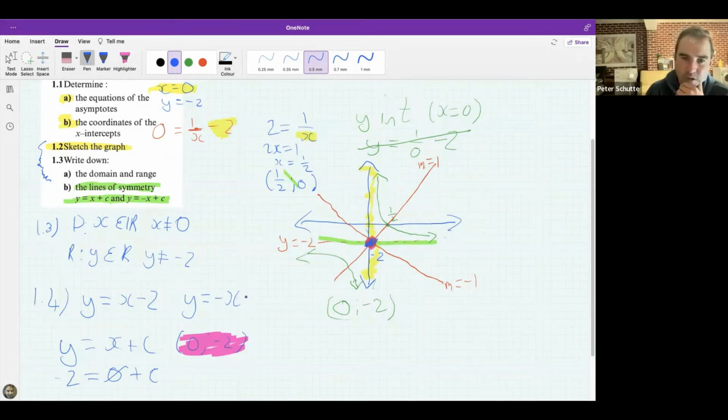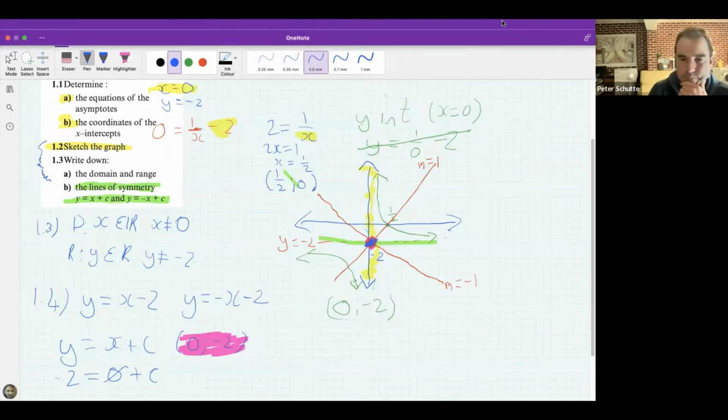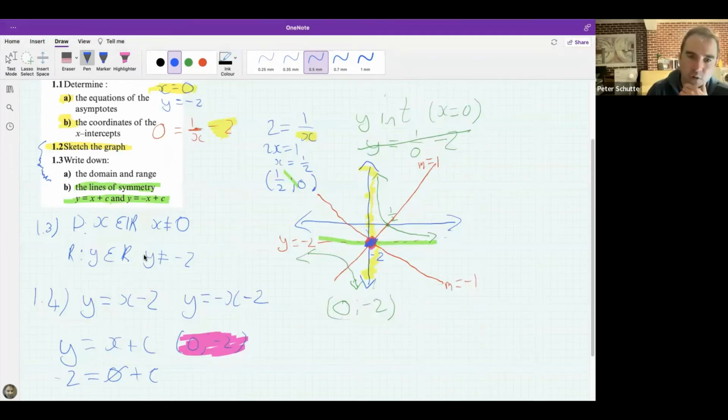And so we know both of these lines are going to be like that. In closing, the lines of symmetry for this hyperbola are y equals x - 2 and y equals -x - 2. If you were wondering why we didn't sub in, it's because we could literally see the y-intercept of the straight lines. However, if we did sub in, it would still work. There's nothing wrong with that.